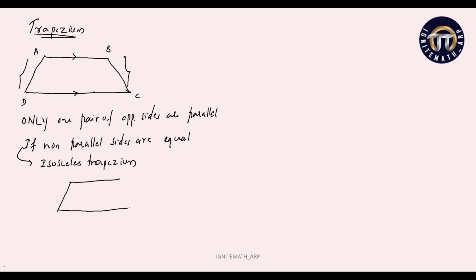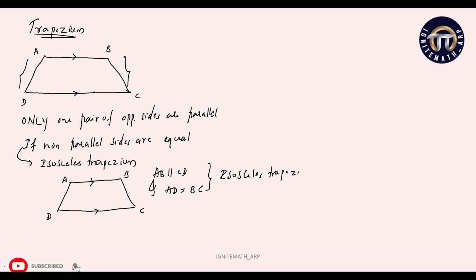This is a trapezium where I have named the vertices A, B, C, D. AB is parallel to CD, and AD is equal to BC. So I can say the trapezium ABCD is an isosceles trapezium.